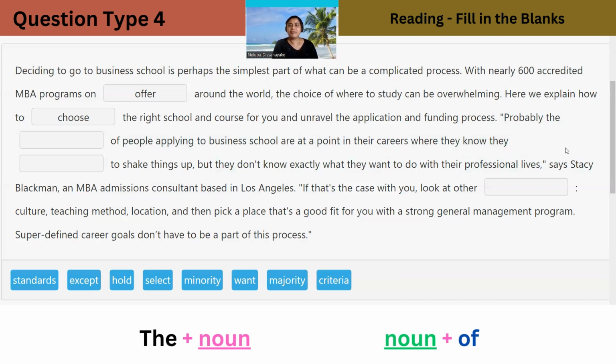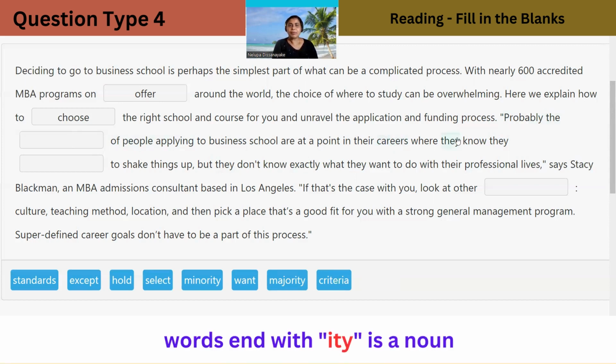Probably the. When you have the word the and after that there's a blank, that means definitely it should be a noun. Other thing is when you have the word of, and there is a blank before that, it also should be a noun. Now let's see which are the suitable nouns that match this blank. Standards of people applying to business school, not matching. Except doesn't match here.